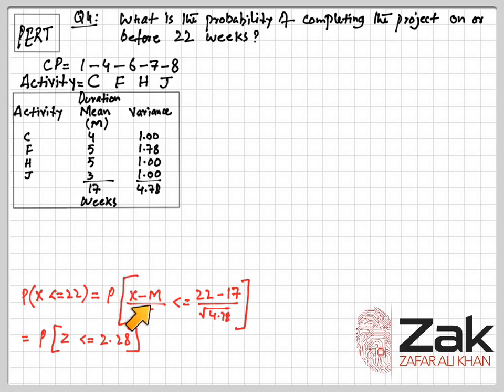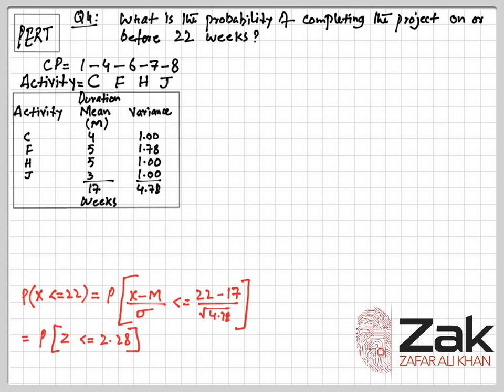Sigma is the standard deviation, the square root of the sum of all variances, 4.78. This whole calculation boils down to 2.28. Now we have to find the probability of Z less than or equal to 2.2.